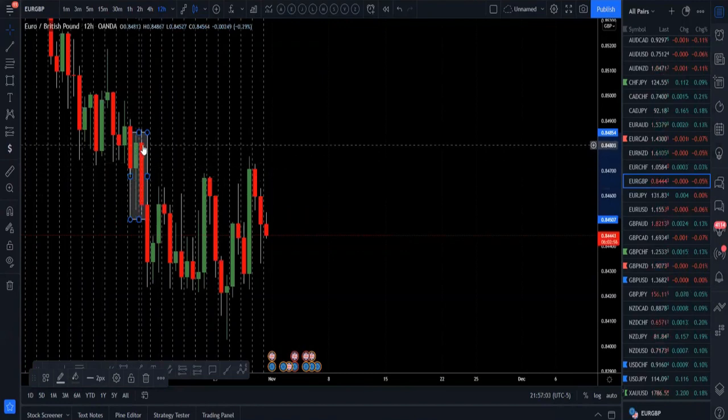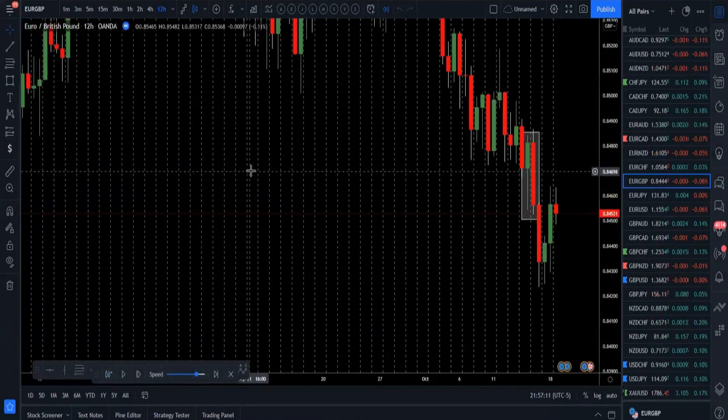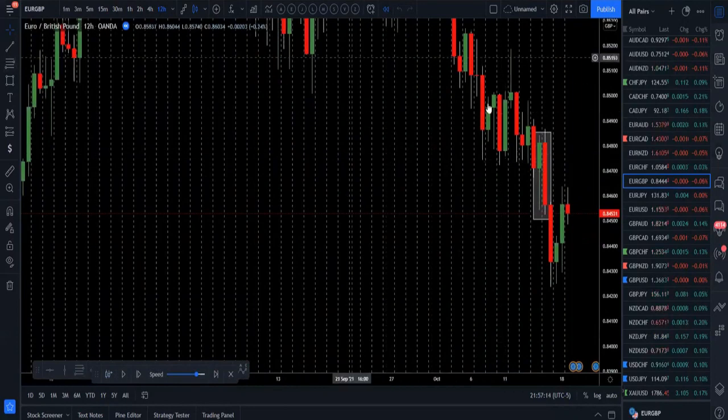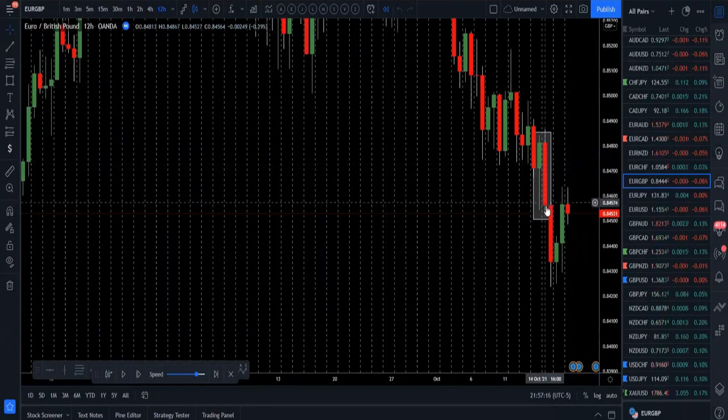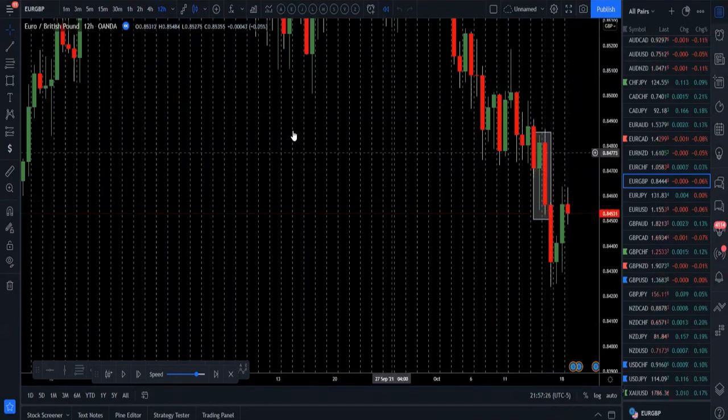And then price came down to balance that. Now, let's go ahead and replay this real quick so you can see. As you can see from the 12-hour perspective, this looks like a balanced market, and there's not much more to see at this present moment in time.